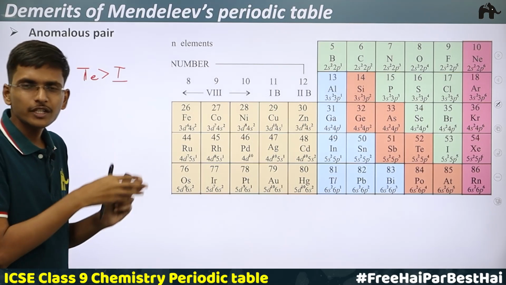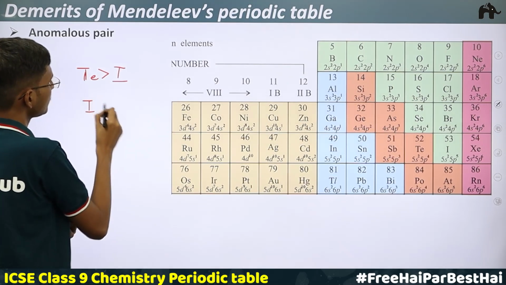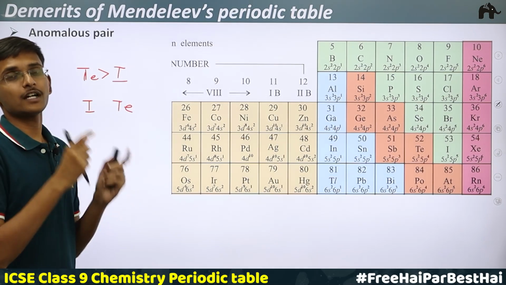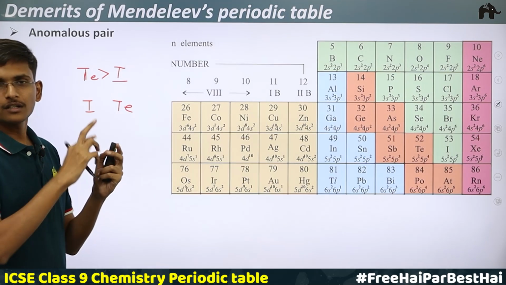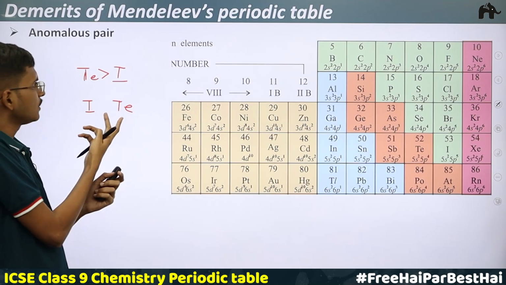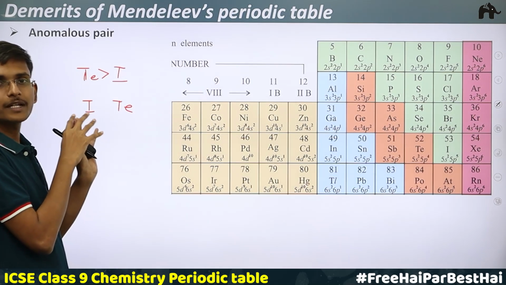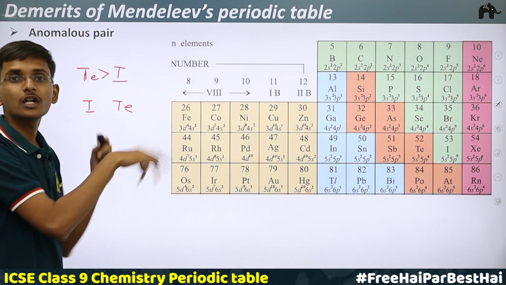We were arranging the elements in the increasing order of their atomic masses, right? So first iodine should have come, then tellurium, ideally, if we are following the increasing order of atomic mass.